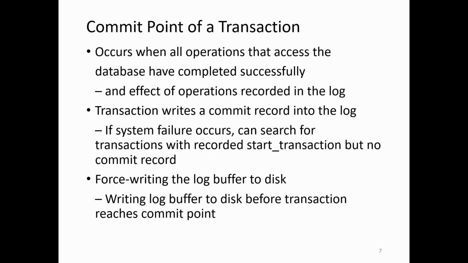After this commit point, if no transaction failure or system failure occurs, the committed transaction will have all effects of operations saved into the database permanently. Also, at the commit point, the transaction writes a commit record into the log. That is commit T.